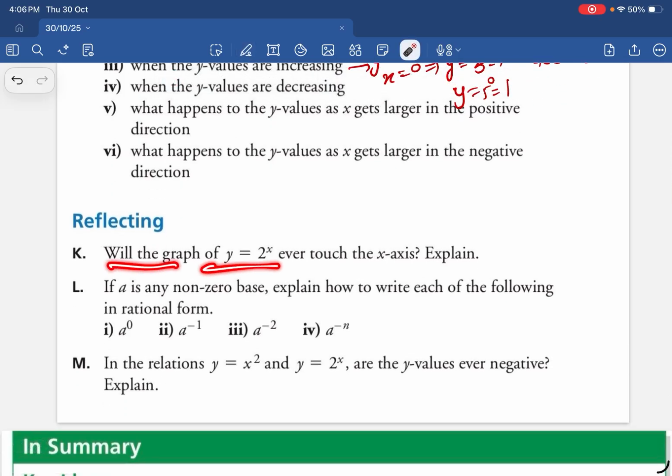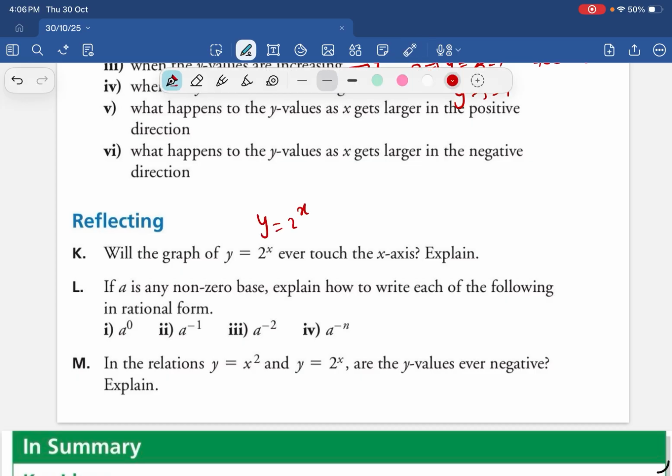Will the graph of y equals 2 to the power x ever touch the x-axis? Explain. No. The graph of y equals 2 to the power x never touches the x-axis, because if we move towards negative x, you just have to write the values like x equals -1, -2, -3, -4.